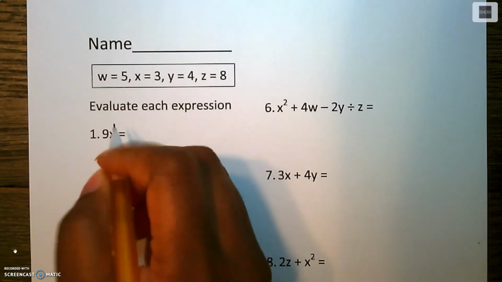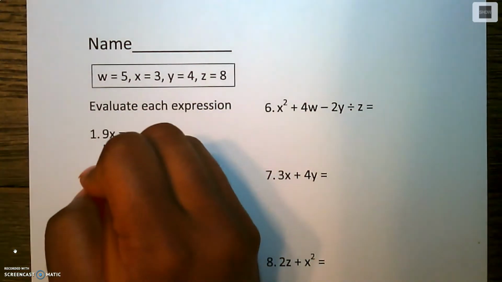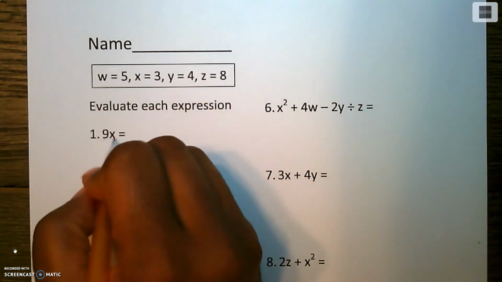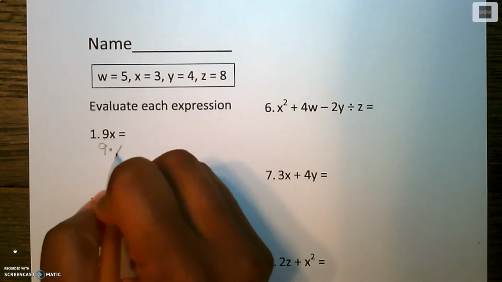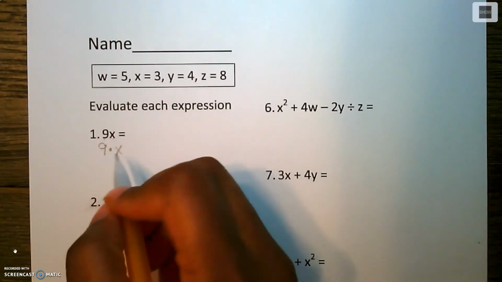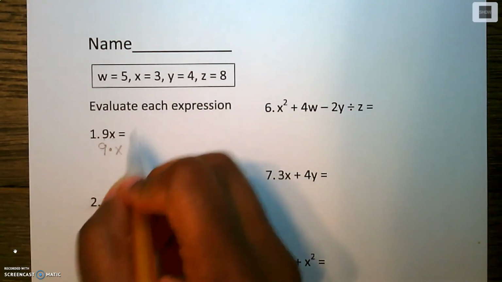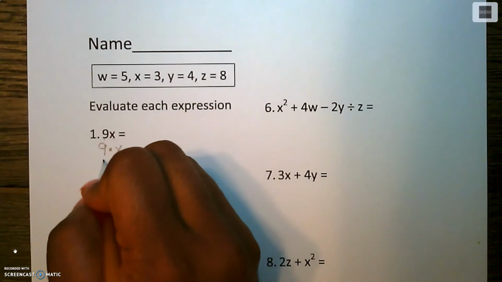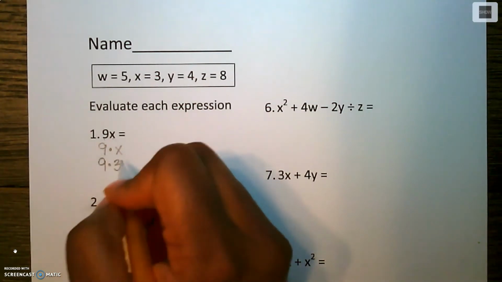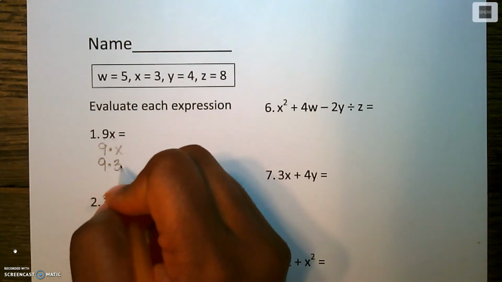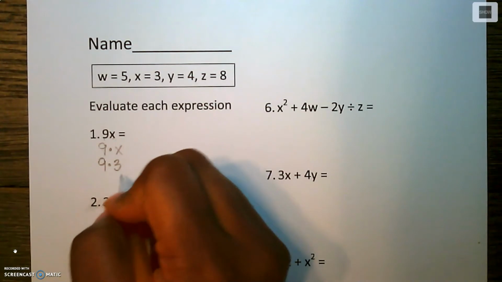I see 9x, so I know that when a number is next to a variable like this, I'm doing multiplication. Now, I see what x is. X equals 3, so I just replace x with 3. And then I do 9 times 3, which is 27.